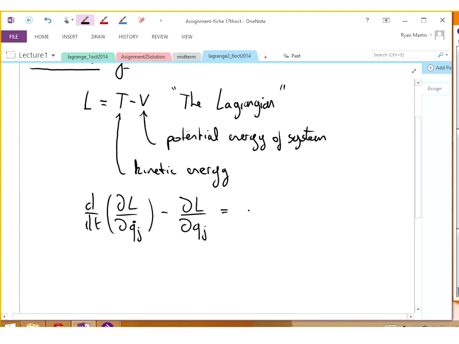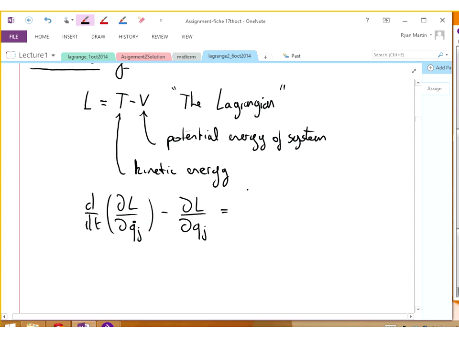And that if there are forces in the system that are non-conservative, so that they can't be written in terms of a potential, then this thing here is equal to the sum of the generalized forces that come from non-conservative forces.